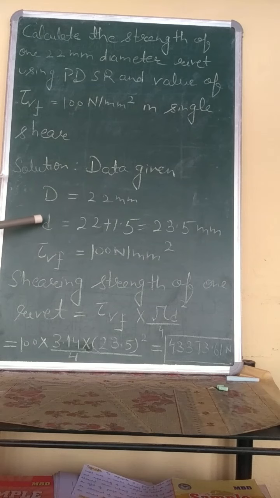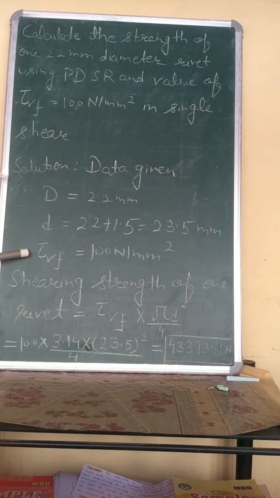So for D up to 25 mm, value of d is equal to nominal diameter plus 1.5. We have D is equal to 22 mm, gross diameter is equal to 22 plus 1.5 mm, that is equal to 23.5 mm.